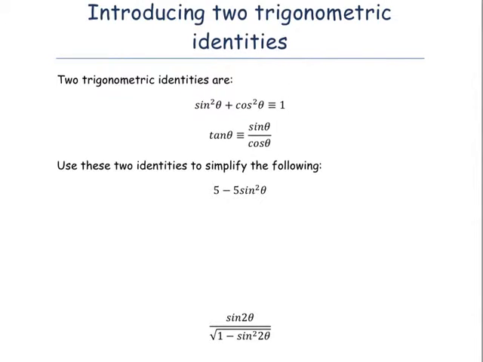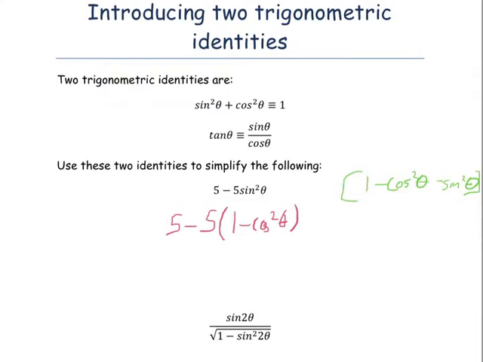We're probably going to have to rearrange sine squared theta plus cos squared theta equals 1 to 1 minus cos squared theta is equal to sine squared theta. So let's substitute that into our expression: 5 minus 5 (1 minus cos squared theta).